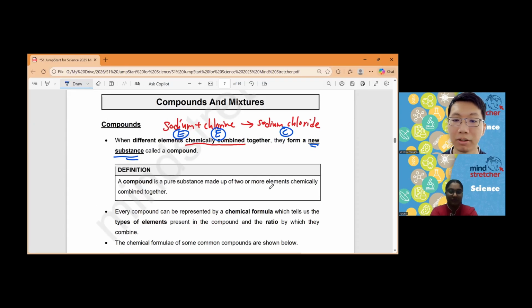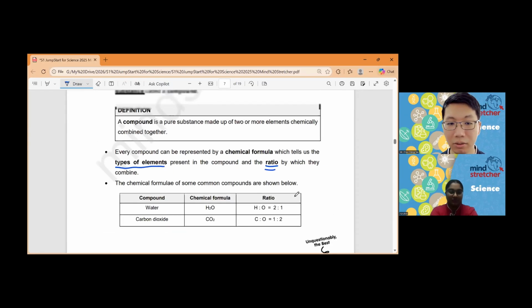And each of these compounds has a chemical formula. That formula can tell us which elements are there and what the ratio is. Some of you might be familiar with carbon dioxide, water, even sodium chloride. Let me put in another one, sodium chloride, since we were talking about it. This is NaCl. Can you just put it there? Na to Cl is 1:1.